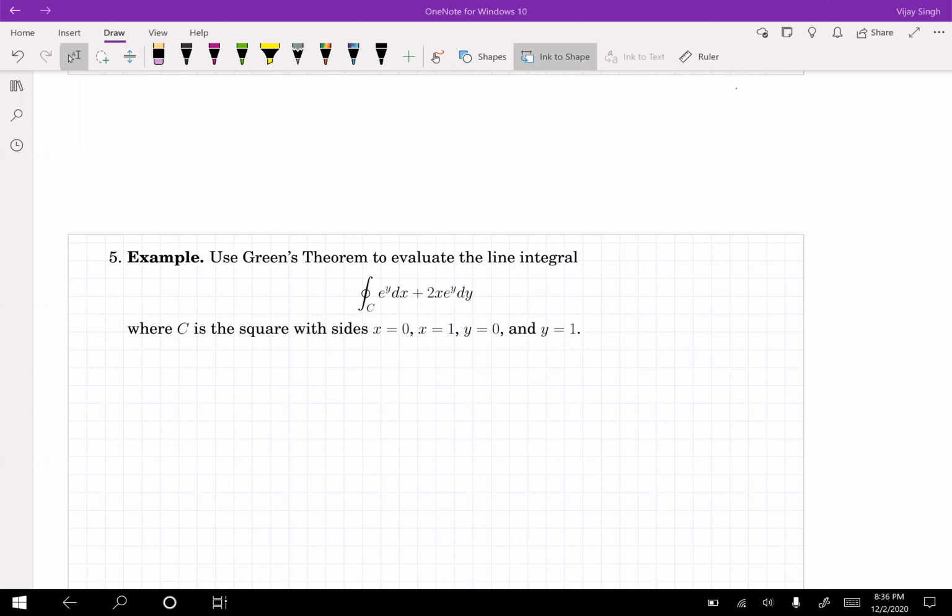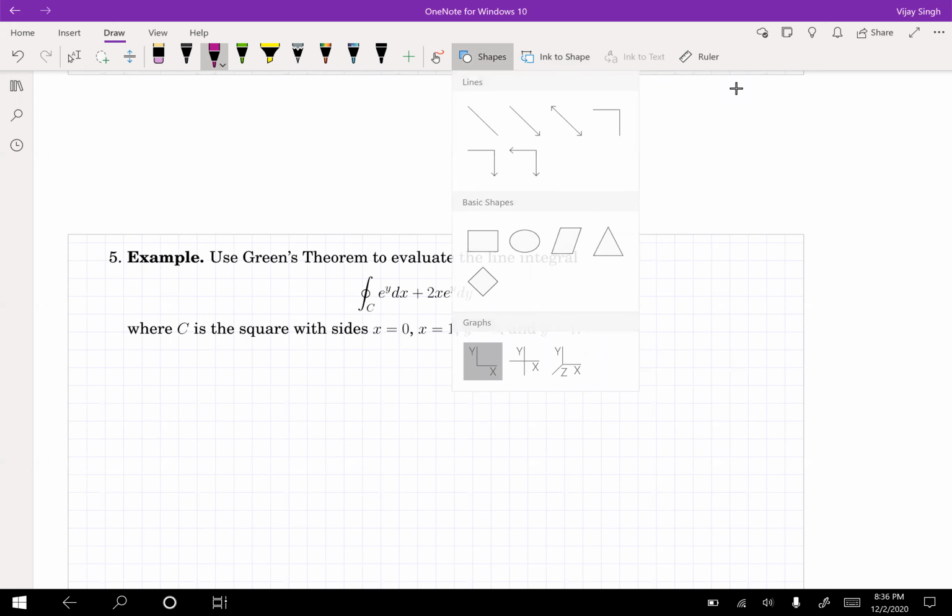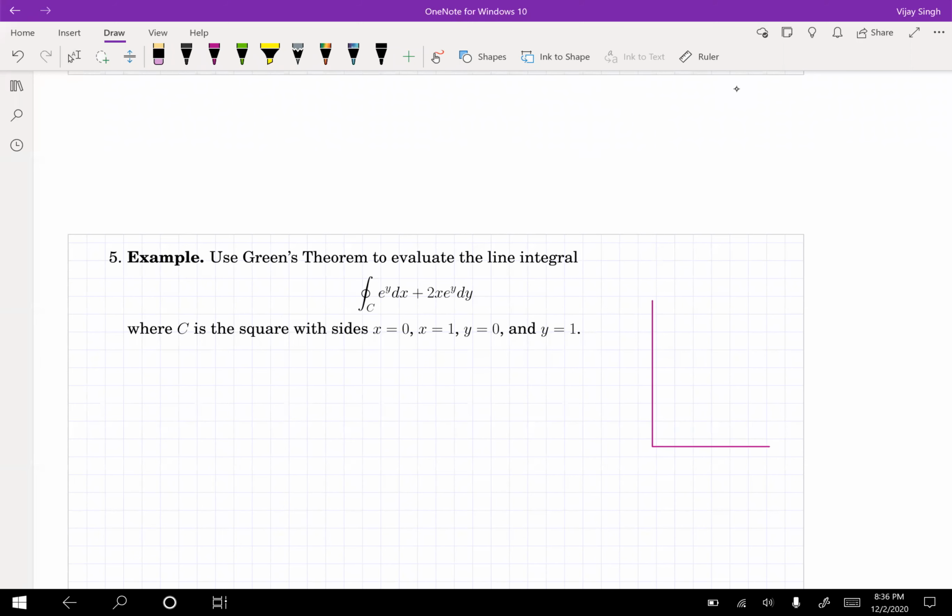So let's draw this region. If you look at the region, x equals 0 is this line here, x equals 1 is this line, y equals 0, y equals 1.